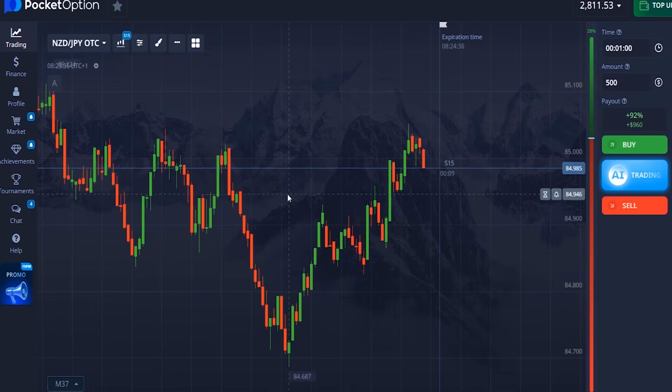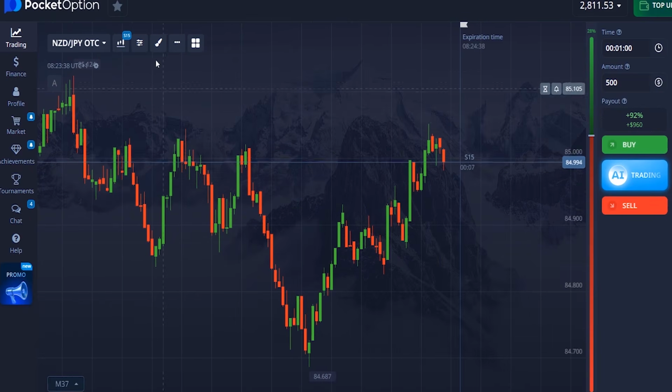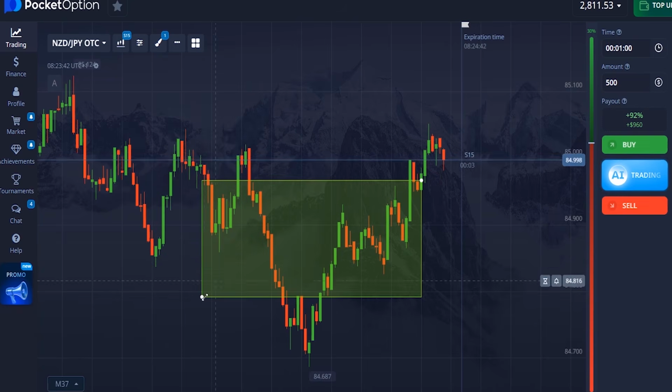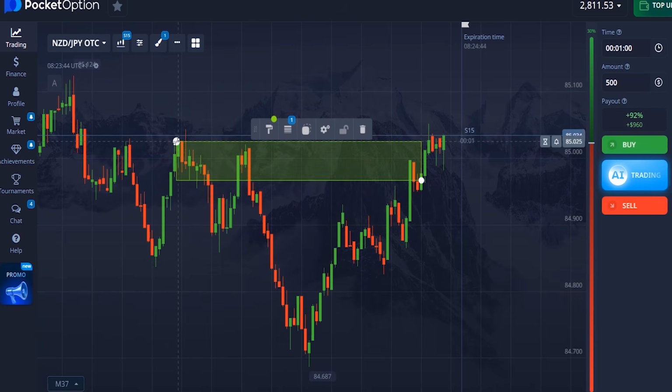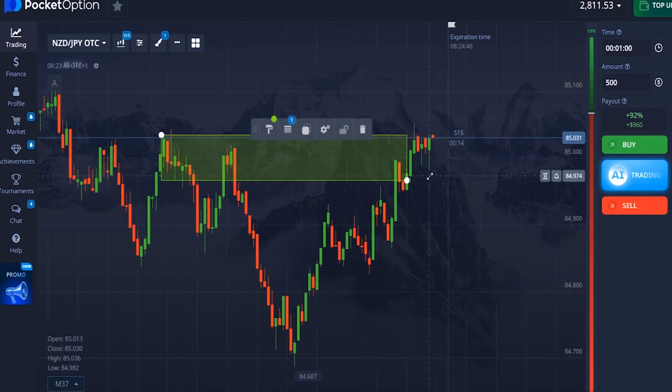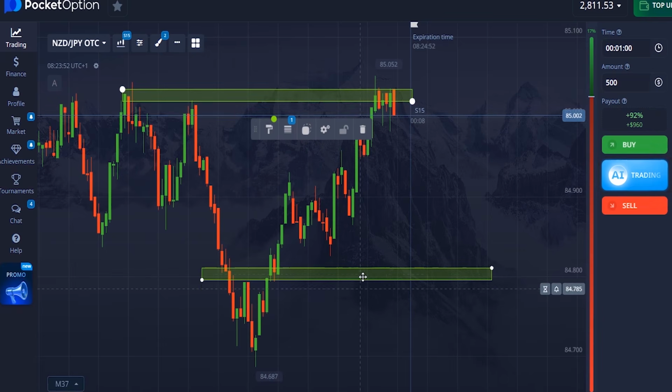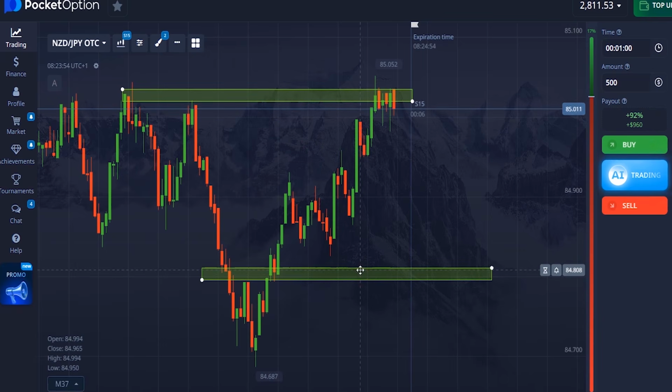So right here, I think I'm finding another opportunity. I have to firstly mark out my key support and resistance areas. And this serves as my support zone.